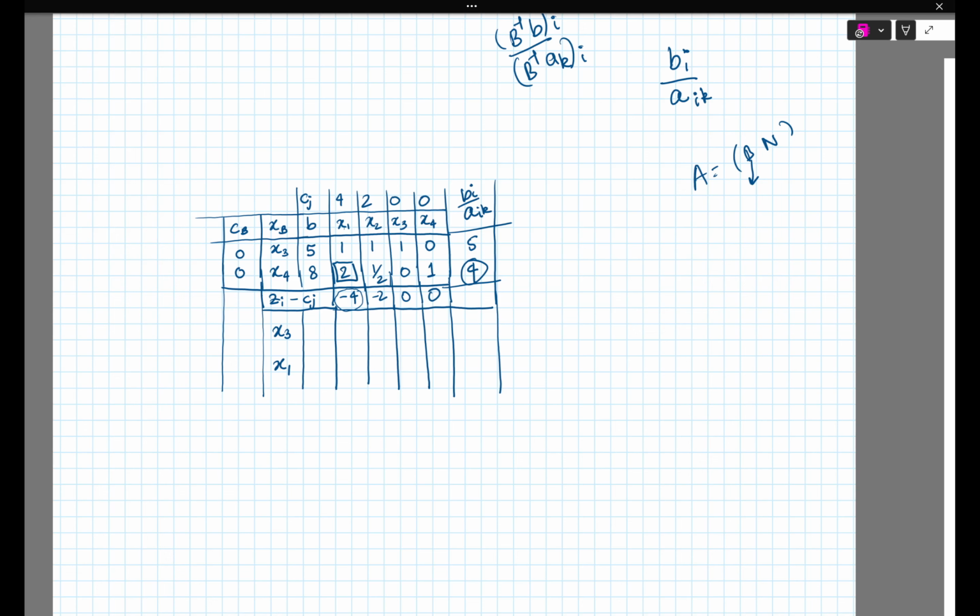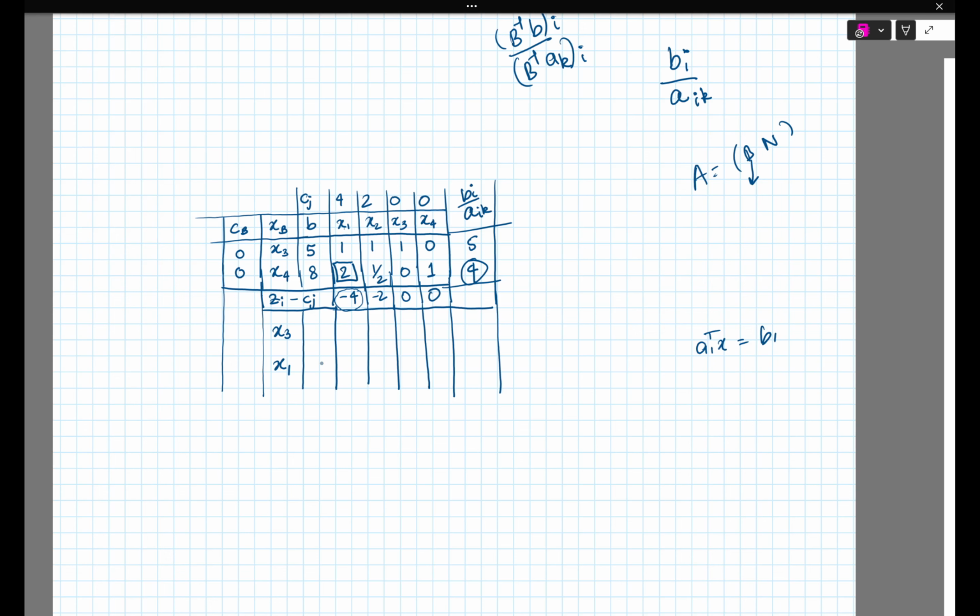So to do that, we make this row such that this entry is 1. Okay, so to make that 1, we divided it by 4. Basically, if you have some constraint a1 transpose x equal to b1, even if you divide it by some value, the constraint is still the same.